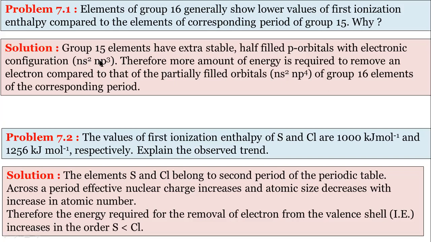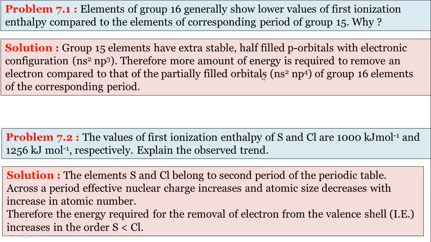So group 15 elements have higher values of ionization energy than group 16 elements, because in case of group 16 elements, the outermost electronic configuration is ns2 np4. Here in the p orbital there are 4 electrons. It is not half filled.